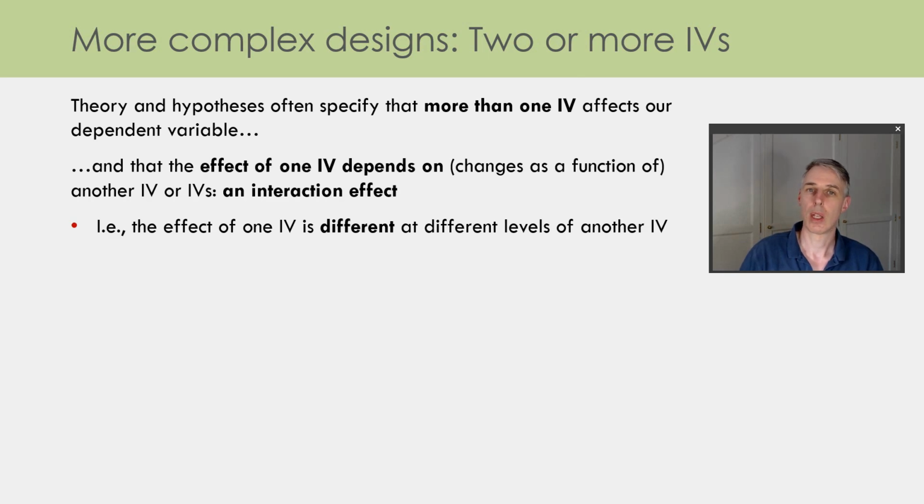More specifically, we might theorize that different independent variables affect the effect of other independent variables. In other words, we might predict interaction effects. That is, the effect of one independent variable is different at different levels of another independent variable.